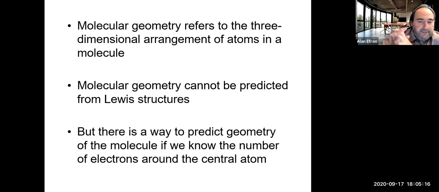So molecular geometry refers to the three-dimensional arrangement of the atoms in a molecule in space. It takes into account a lot of the bonds that are present and the types of electrons that are present. The electrons themselves play a really big part in the overall geometries that we end up seeing with molecules.